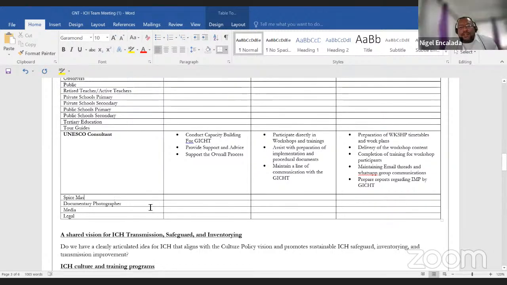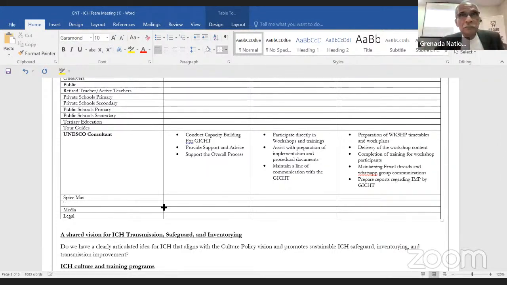We have representation from Spice Mas. You want to treat Spice Mas as a separate stakeholder? Yes. Okay. We have here a documentary photographer, a documentalist. Let's do that separately. Let's say photography and videography, no?